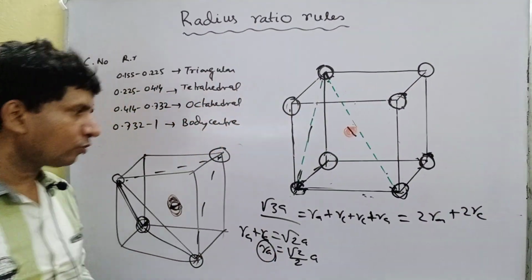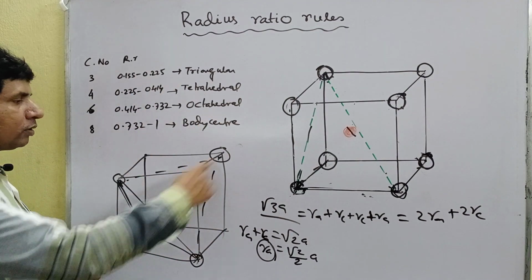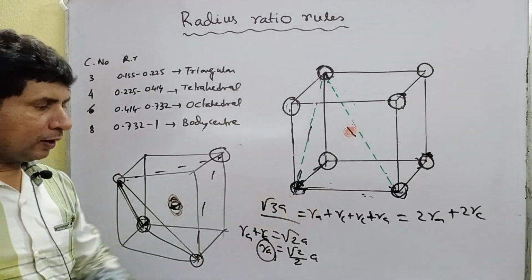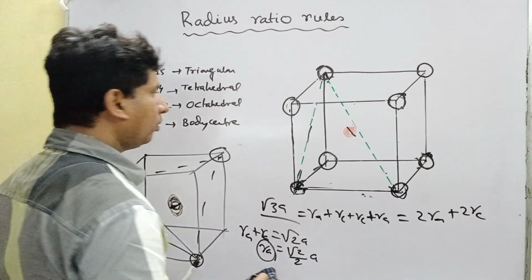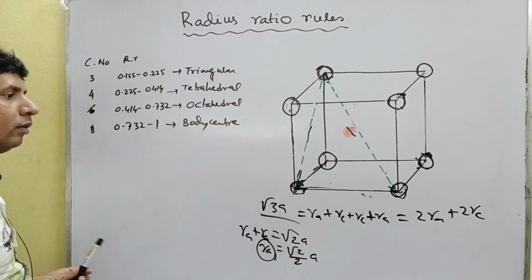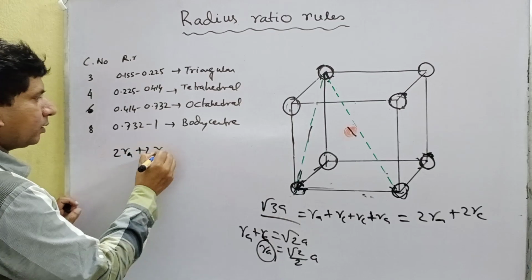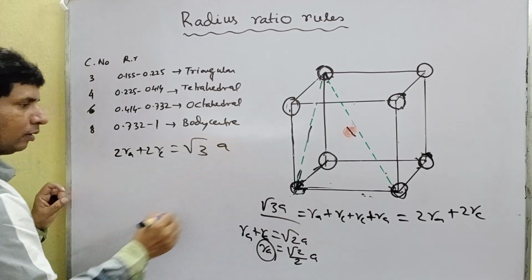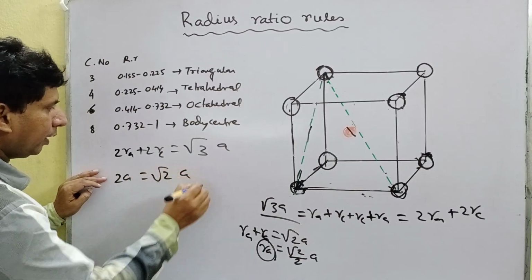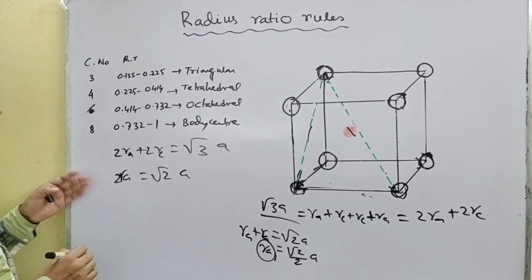So 2RA plus 2RC equals √3a, and 2RA equals √2a. Okay, then what happened?